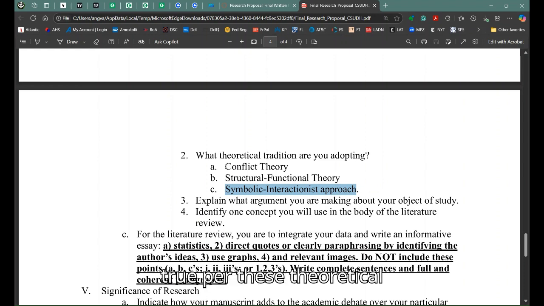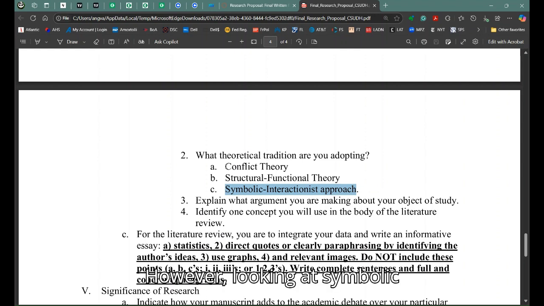If that is true per these theoretical perspectives, then that would imply that we have no free will, and that we're responding more to social pressures and social forces rather than what we believe to be true, wonderful, and good.